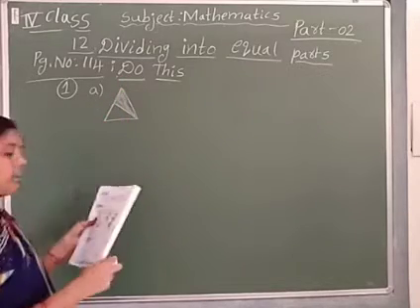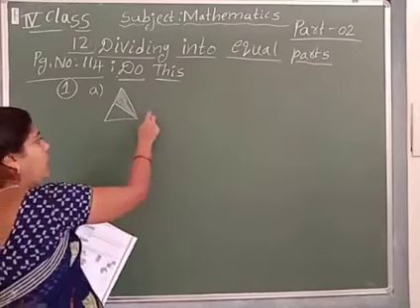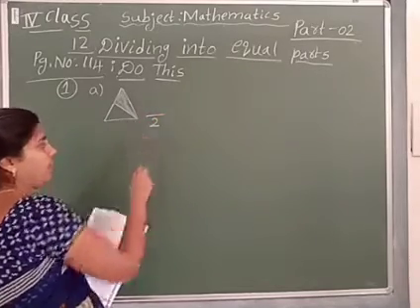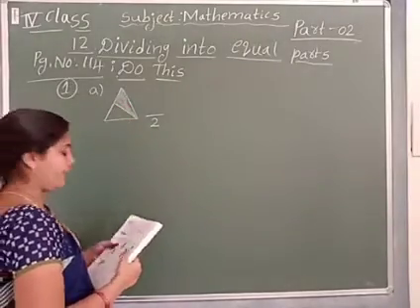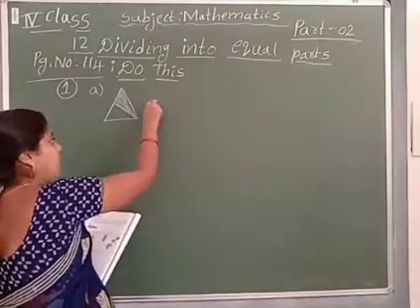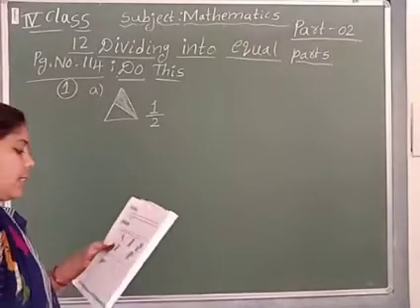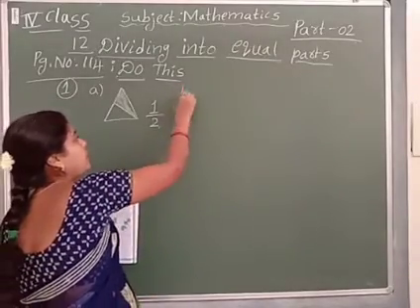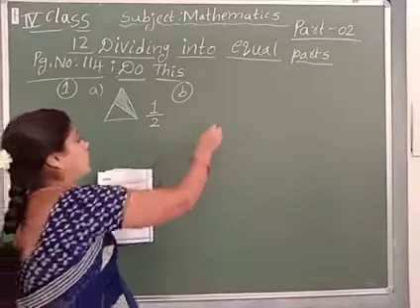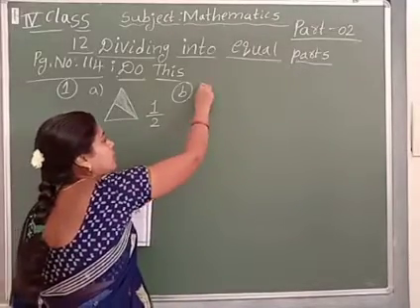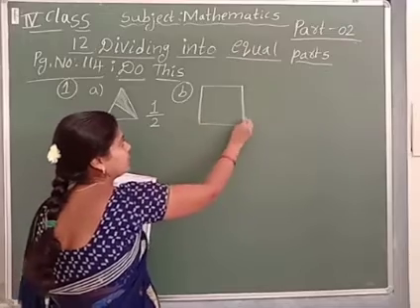So in the triangle shape, this part is shaded. So we give the fraction. Total 2 parts are divided, and 1 part is shaded. So this is the 1/2 fraction. Next, B. Which shape is this?